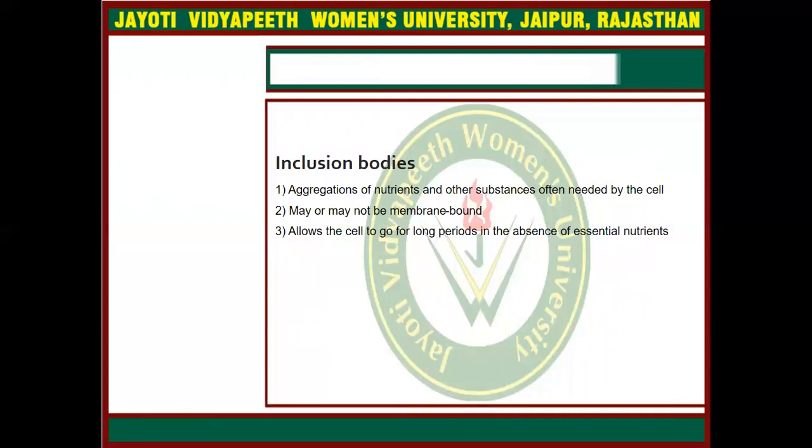The inclusion bodies may or may not be membrane bound. They allow the cell to go for longer time periods in the absence of essential nutrients, because the nutrients are stored in the inclusion body, so they do not need to worry about nutrients.